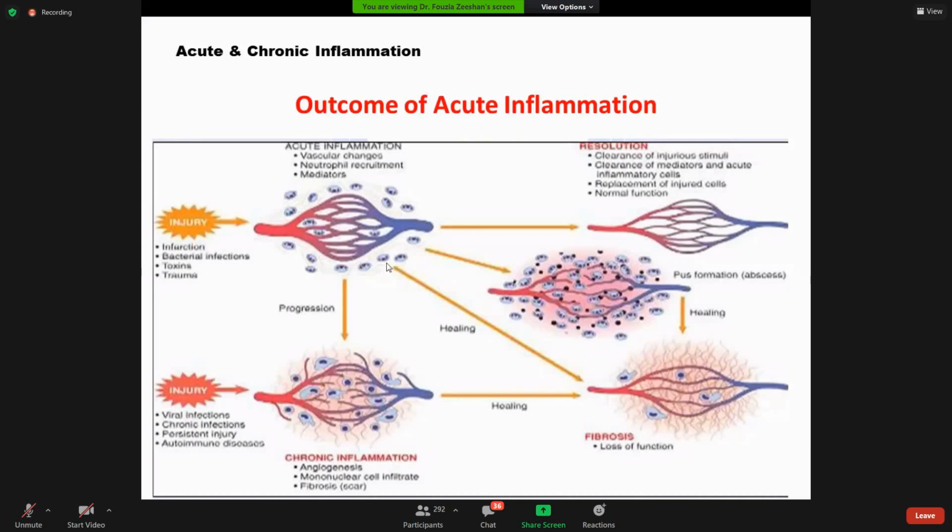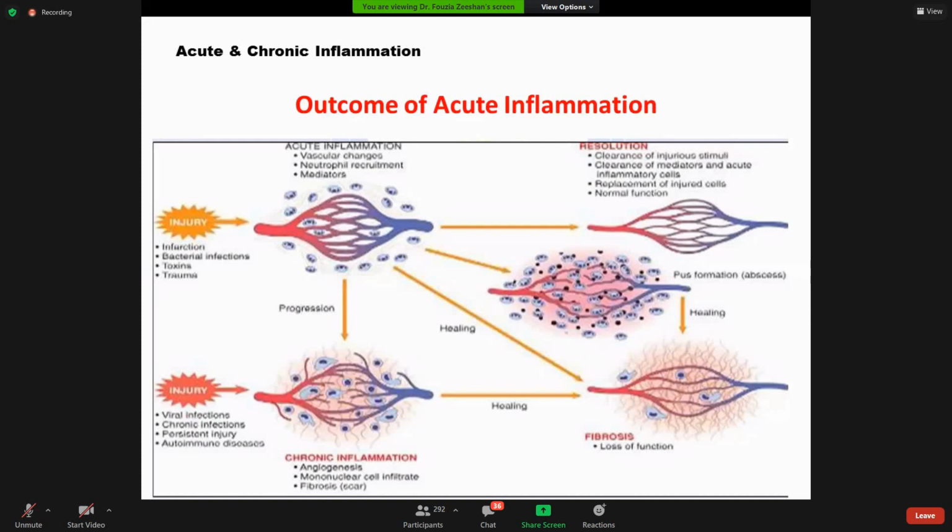Or if the stimulating factor is benign, not very malignant, it could be healed. Or if the trauma or the causative agent is in a very small amount, not that devastating, it could be healed simply, or healed by forming an abscess, or it will resolve and the function of that part of the body will be resumed.